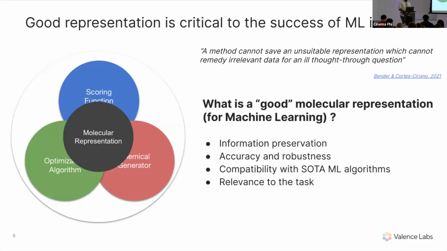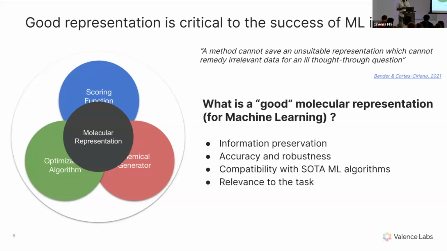And even if you're using the right representation but the wrong data, you will not get anywhere either. And even if you are using all of that, a good model, good representation, good data, but the biological or chemical question that you are trying to answer is not the right one, it is still not useful. So you need to think about all of them simultaneously. It's not just throwing machine learning at your data and hoping for the best. It likely will not work.